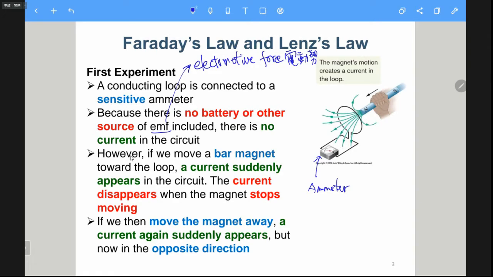However, if we move a bar magnet toward the loop, so this hand holding the magnet bar moves toward this loop, and I hope you still remember this loop. If there is some current going through this loop, then it is actually a magnetic dipole.